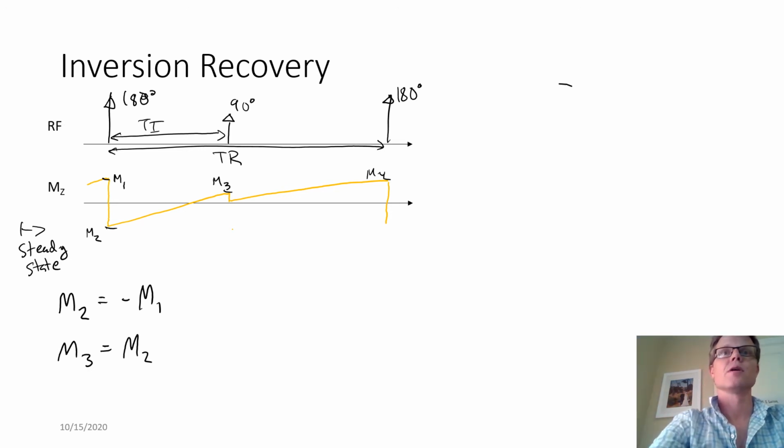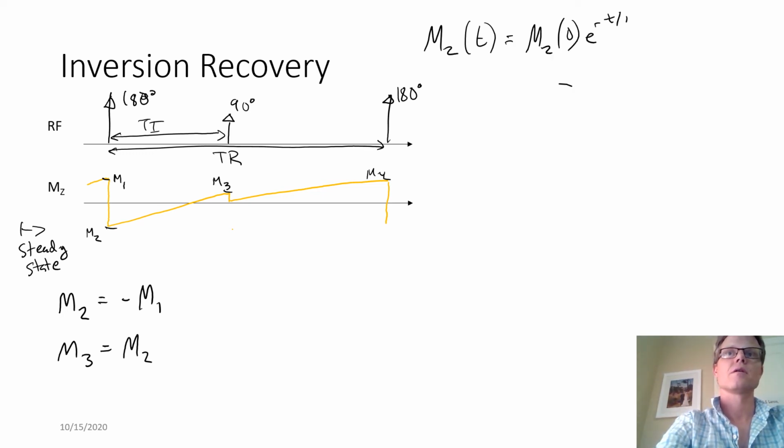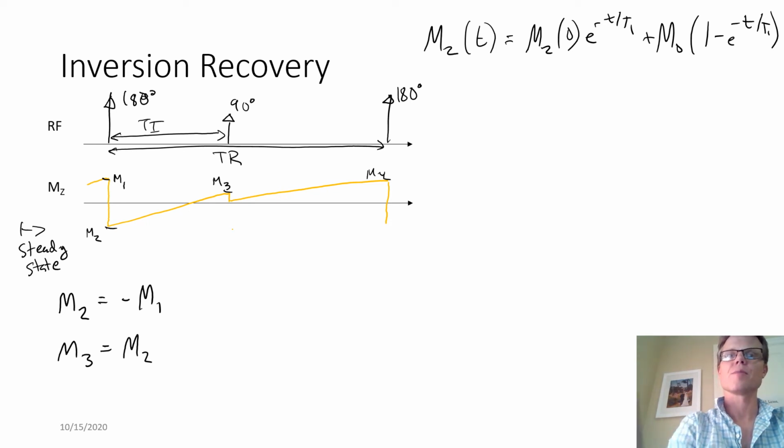If we go back to, and I'll repeat it up here, this general equation for T1. Okay, and I apologize, I seem to be drawing a little bit with my hand. So in this equation, M2 is the MZ0 in this time interval.